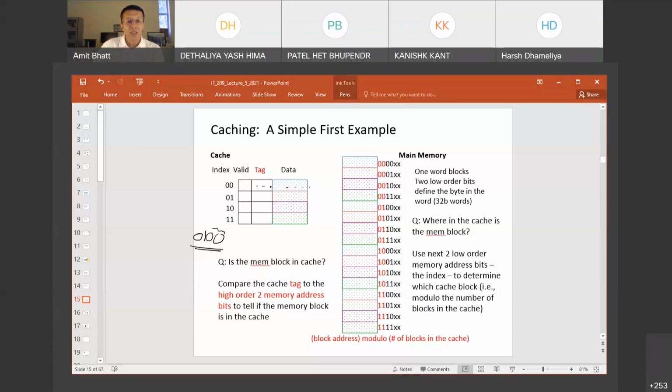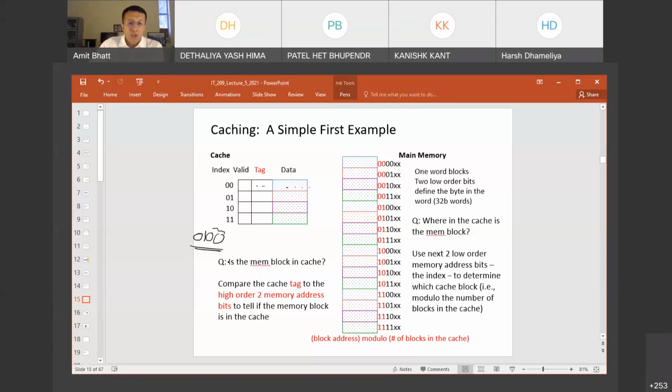Otherwise, even though the index is the same, your tag is different, so it is some other location. It could be 0000 or 1000 or 1100. So that means you have not got a hit. Basically, it's a miss. Hit means you got your data or instruction, what you are looking for. If you don't find it, then it's a miss.